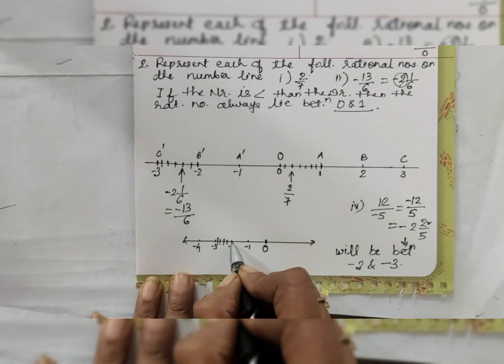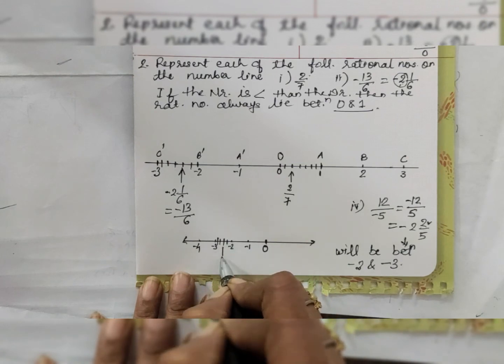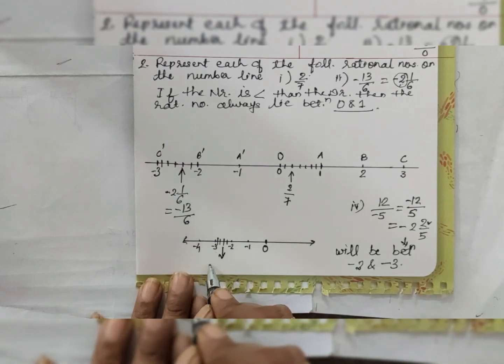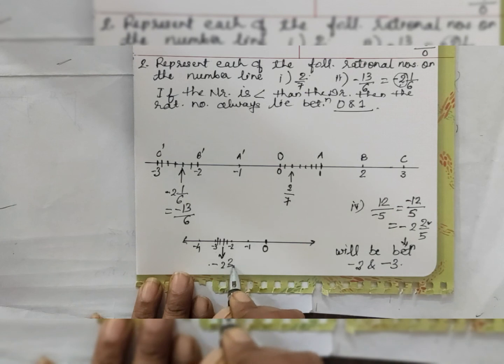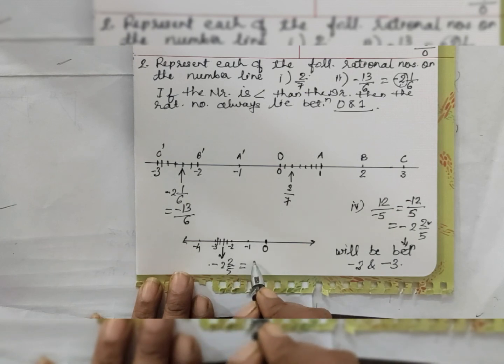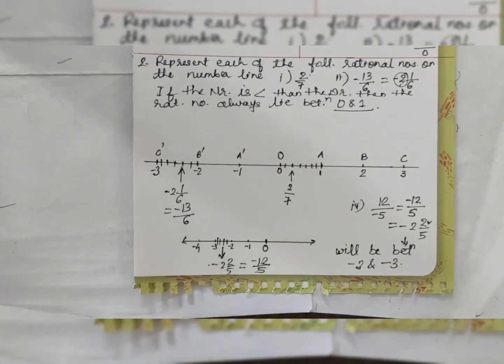So count it. This is 1 and this is 2. So write here minus 2 2 by 5 is equal to what? Minus 12 by 5. So in this way you can represent any rational number on a number line.